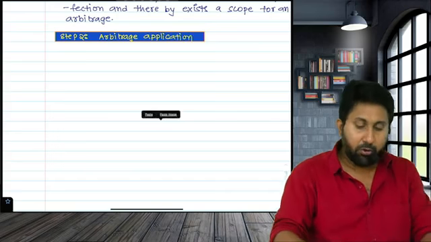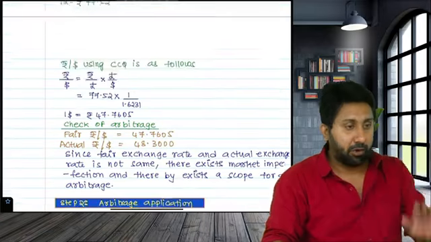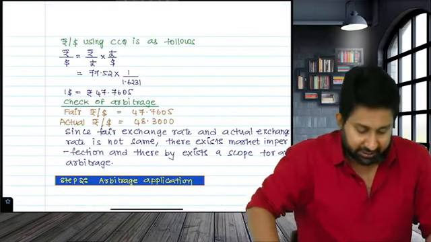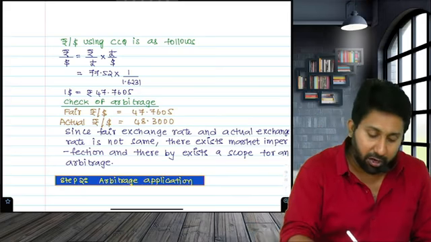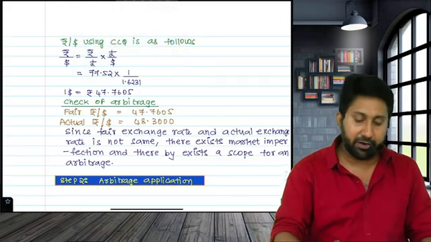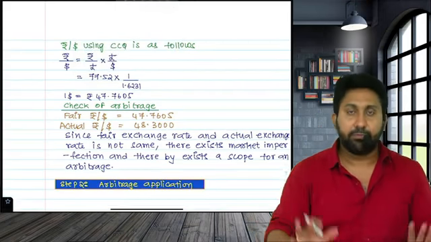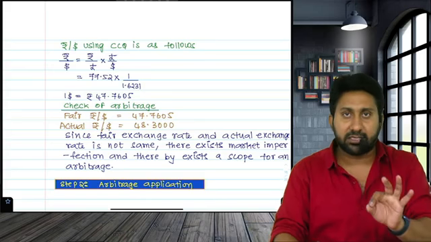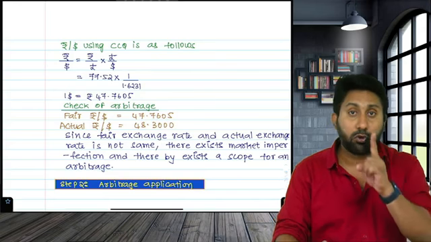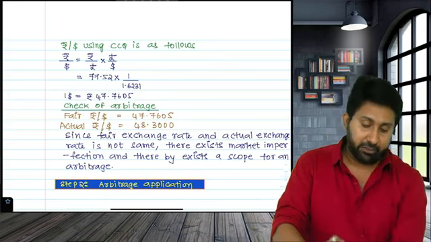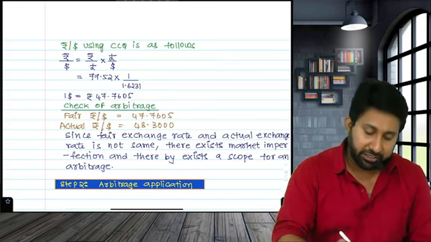Okay, how to apply the arbitrage? Don't mug up the concept. First, use the cross currency quotation formula only to calculate the arbitrage gain. First thing, how many dollars does the arbitrager have with him? He is having 1 crore dollars.